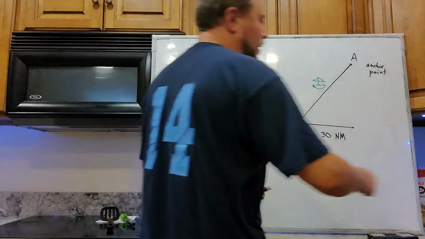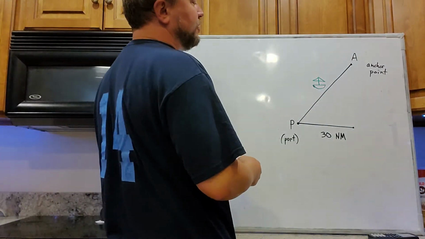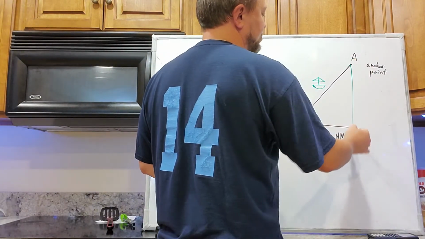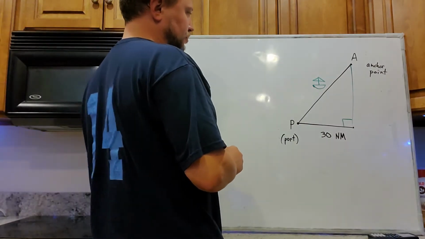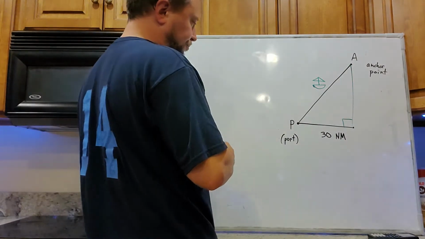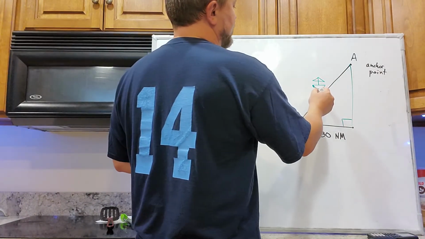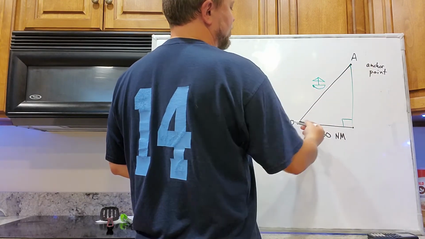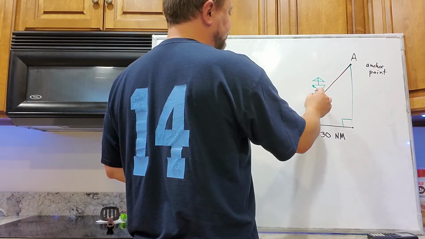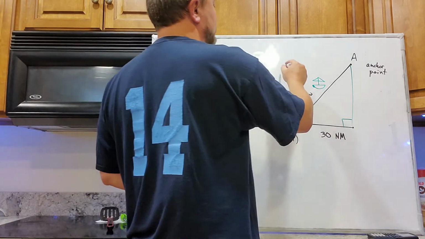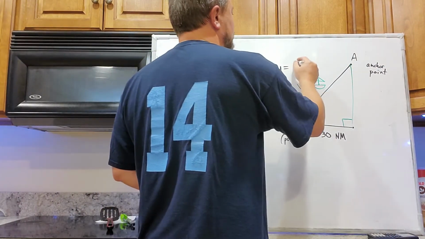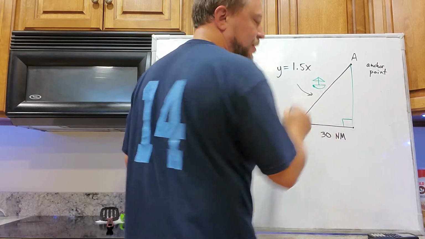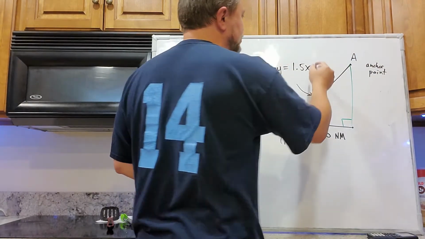So one of the first things I want to do here is go ahead and drop a line straight down, kind of make this into a right triangle. And I want to emphasize that the path we're traveling from P to A is represented by the equation they mentioned earlier, the equation y equals 1.5x plus 20.